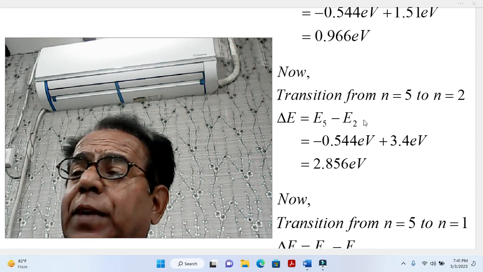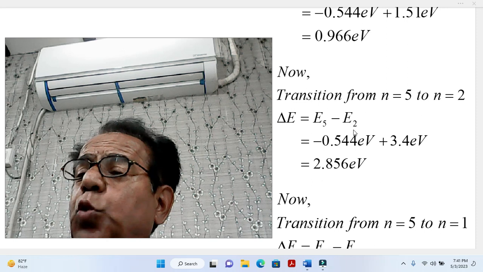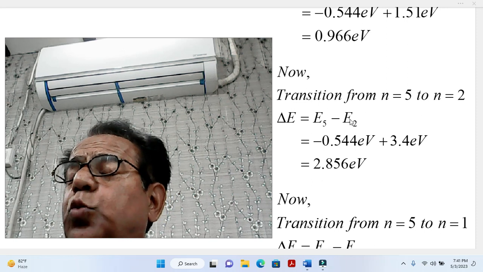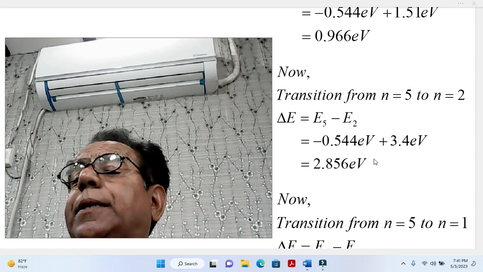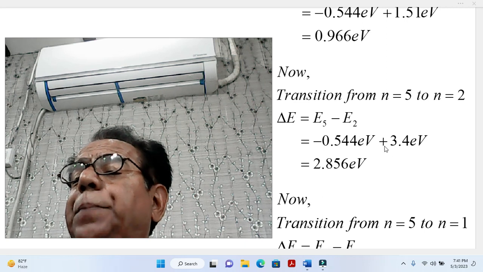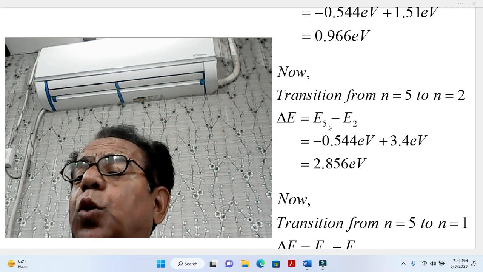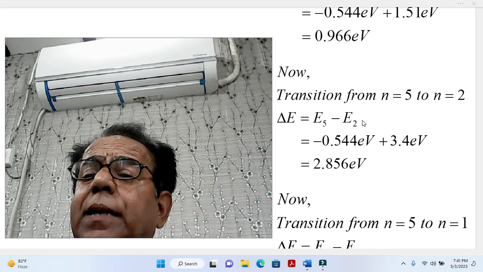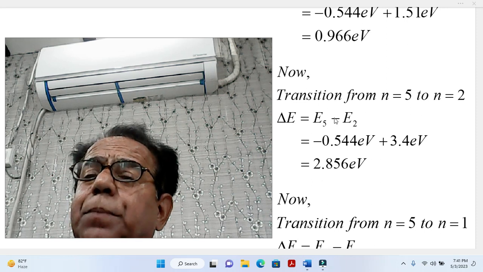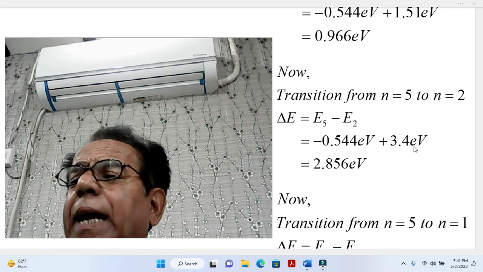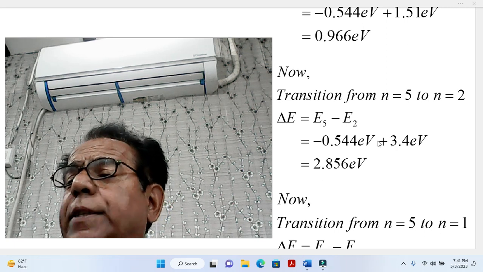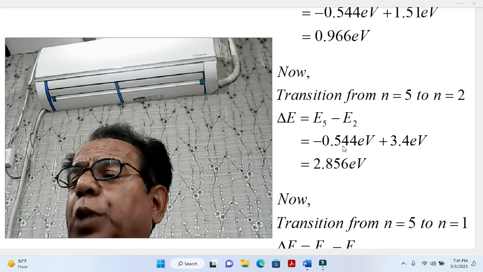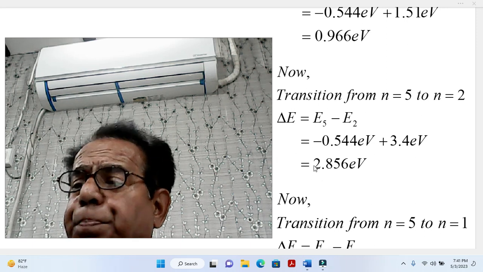Once again the value of E2 is actually in minus, but here it becomes plus, because minus minus, both signs are similar, therefore their result is positive. And here 3.4 is greater than 0.54, therefore the resultant sign is also plus, positive.